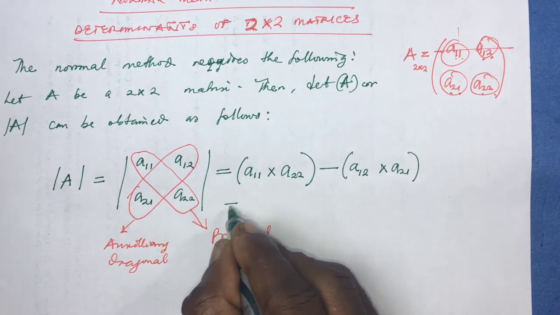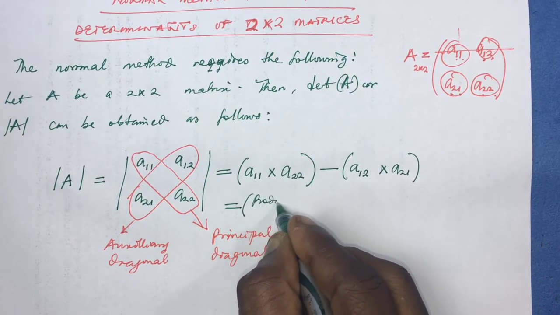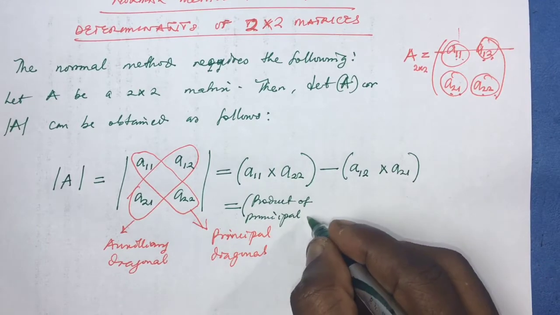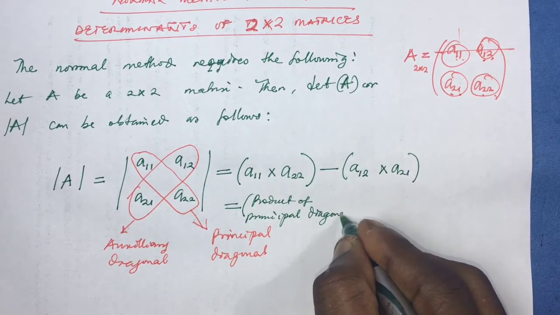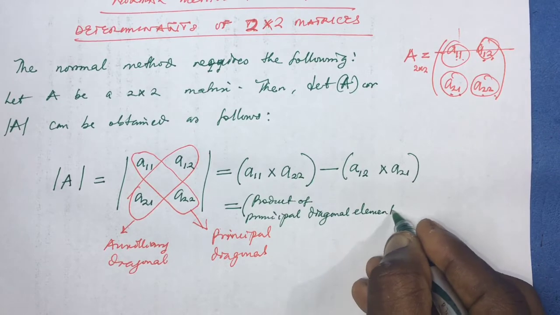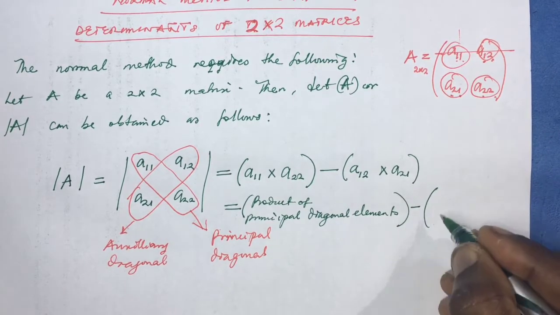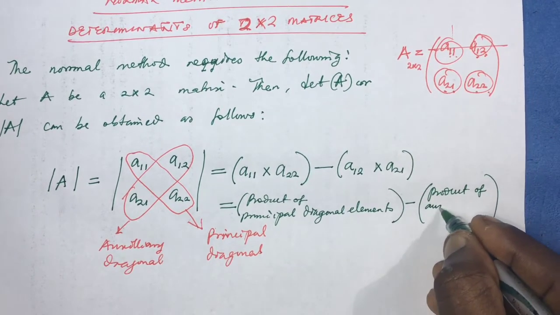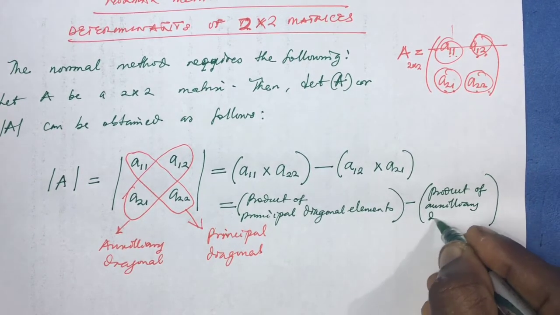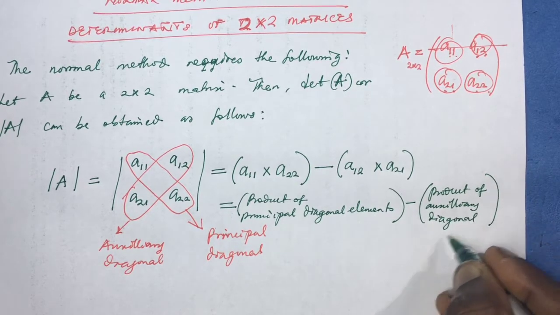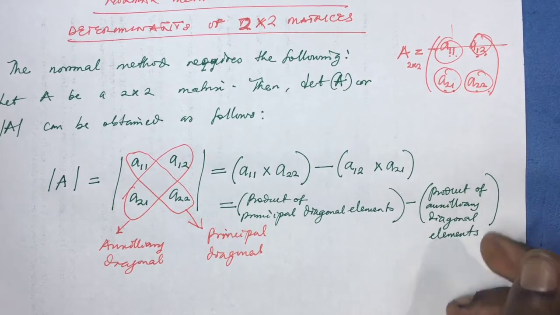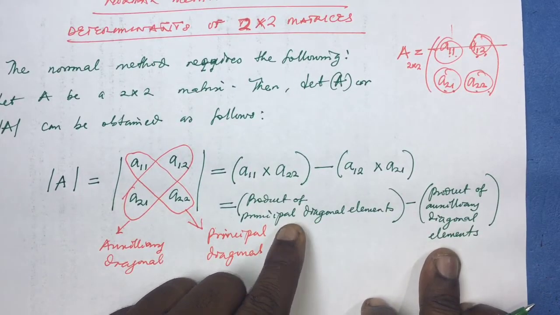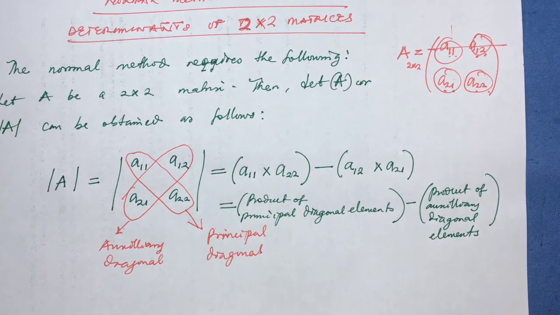So we can write this as product of principal diagonal elements, close bracket, minus product of auxiliary diagonal elements. So once you subtract the product of auxiliary diagonal elements from the product of the principal diagonal elements, it gives you the determinant using the normal method.